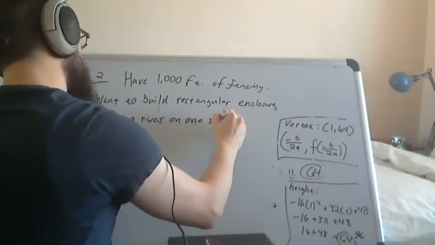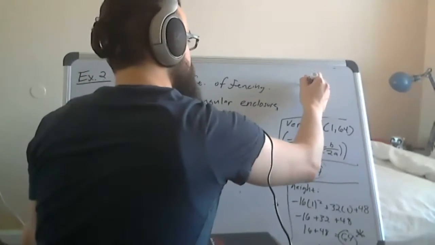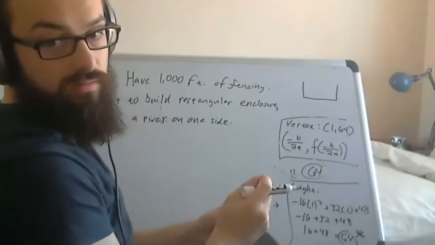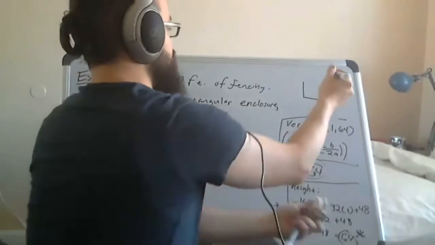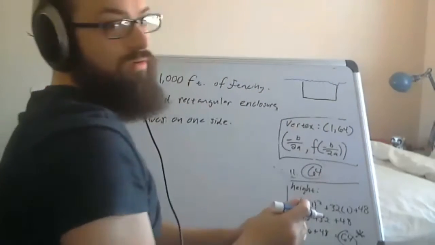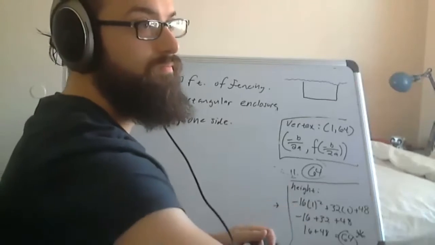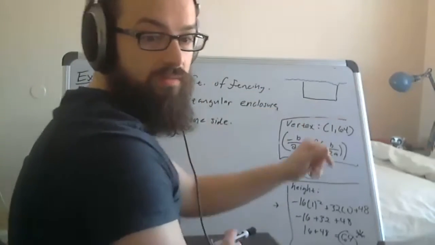So basically what that means is you have 1,000 feet to make this fence right here, but you don't need fence on this one side because that's just river. So these 3 sides will be made of fencing.